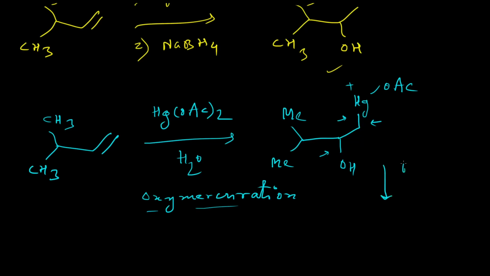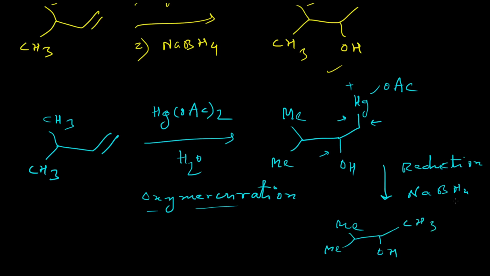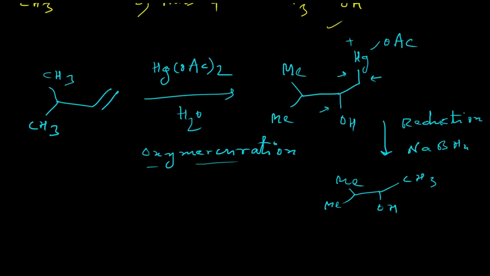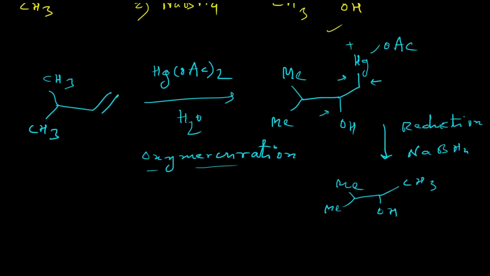The second step is the reduction step, where we will use sodium borohydride, which will reduce this organometallic intermediate into the desired product, this one. So this whole process takes place in 2 steps.